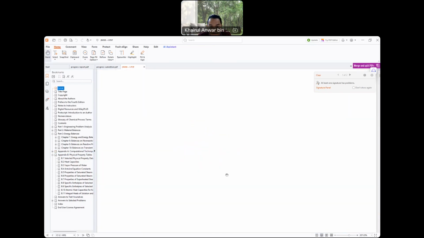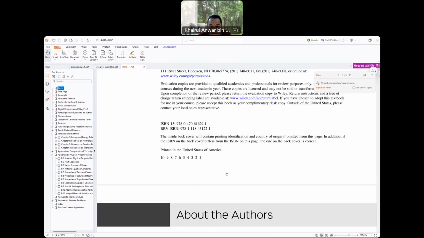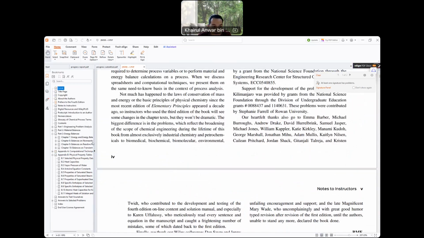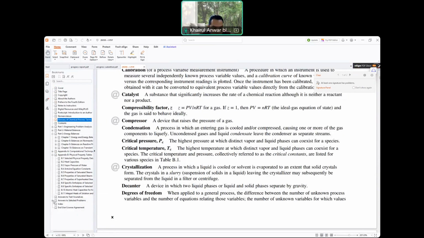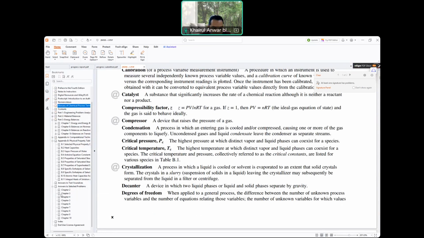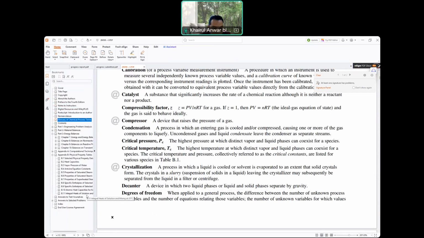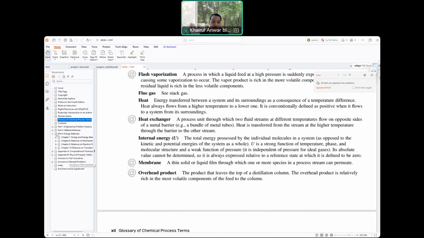Pakat cover. Close the view. Oh, okay. Dia dekat cover. Unit conversion.